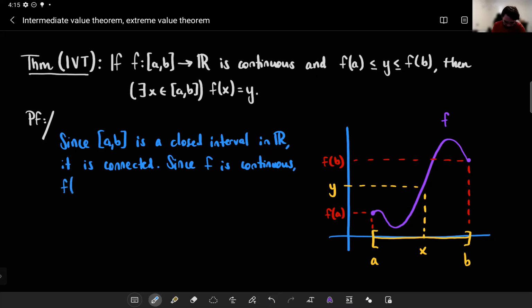So I'll just say the image, f of [a,b], is also connected. And it's also a subset of R. So, not by Heine-Borel, but by just the fact that all connected sets in R are intervals, we know it's an interval.